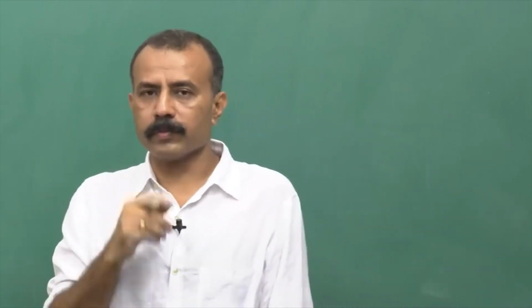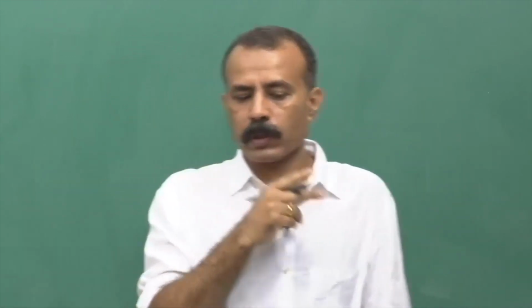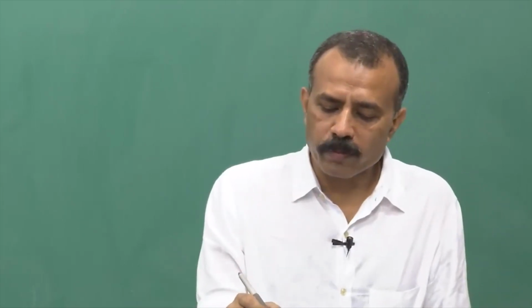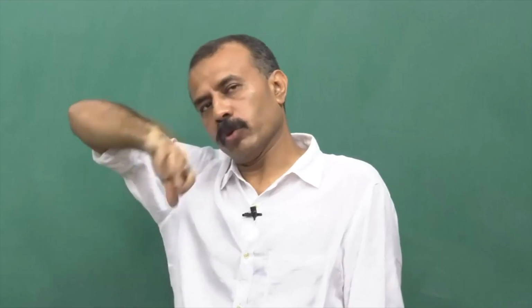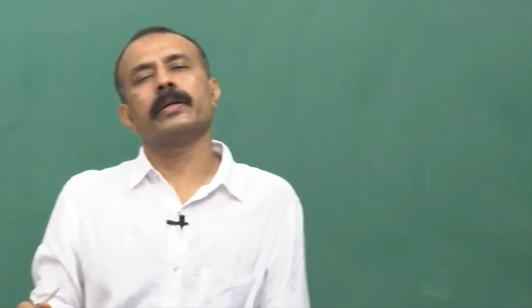And secondly, there is another challenge to this. There is no way that you can prevent the myotubes forming here, and the distance is so less, or the depth is so less, that those myotubes may come to the bottom and can occlude the motion of the cantilever. How can you avoid it?